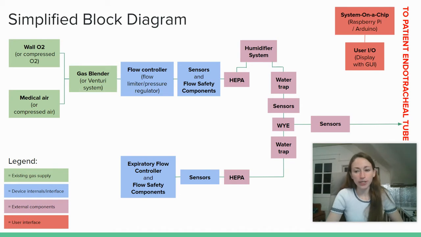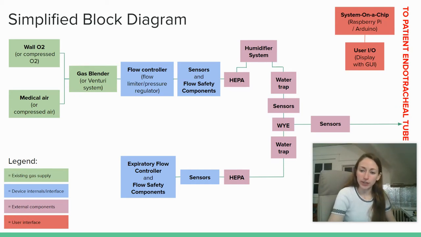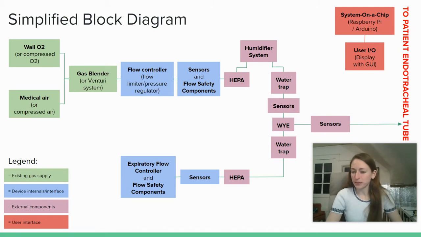But for now, we're operating under the assumption that the hospital will be able to supply wall O2 and medical air and has an existing gas blender for mixing those. But equivalently, you can make the assumption that you can use an O2 canister and compressed air and maybe a simplified dual venturi system for handling the mixing. All of that's still kosher.